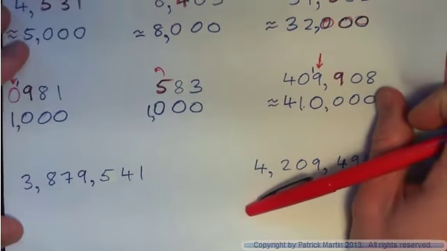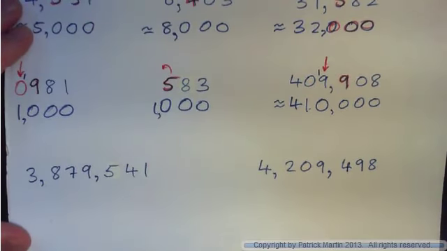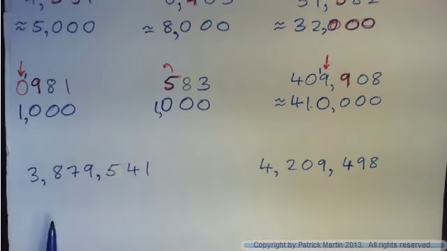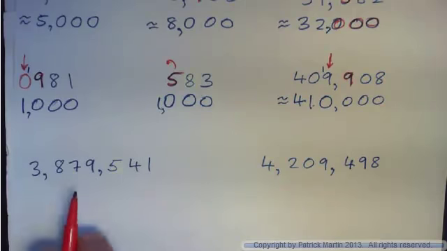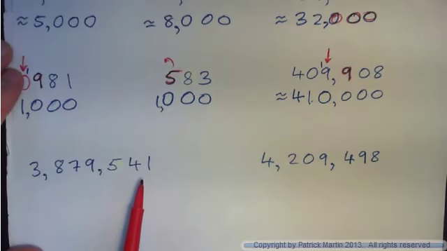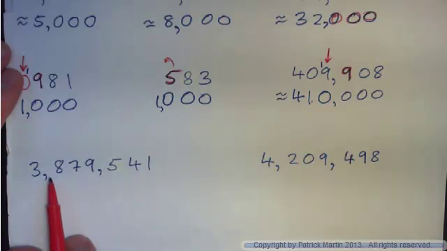Okay, what about an enormous piece of land that costs $3,879,541? Round this to the nearest 1,000. Price for a big piece of land, right? So where is the 1,000 place in this number?